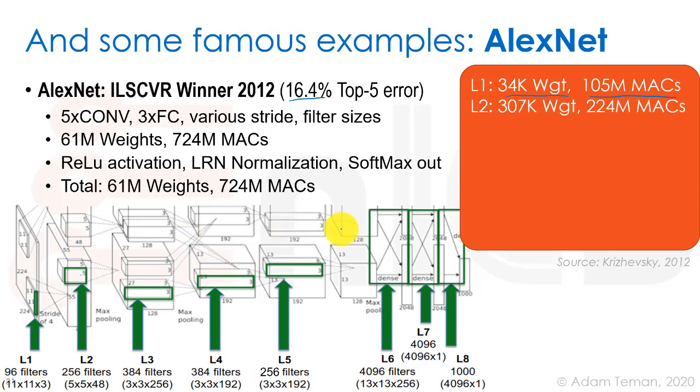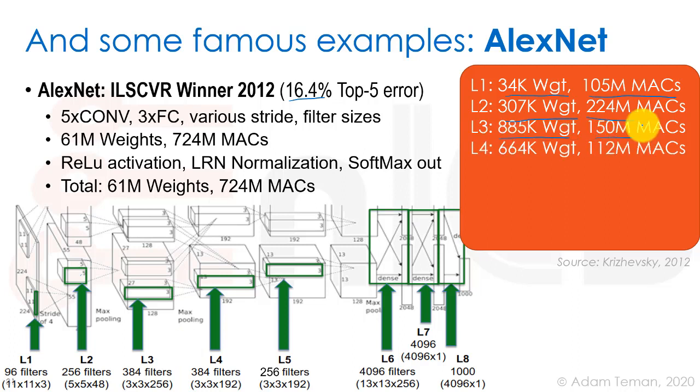Okay, and so that's a total of 307,000 weights and 224 million MACs. Okay, and then we keep on going, and again, different sizes. Now we have 3x3 filters. There, instead of 48, we have 256 of them. So here we already have 885,000 weights and 150 million MACs. And we keep on going, 664,000 weights, 112 million MACs, 442,000 weights, and 75 million MACs.